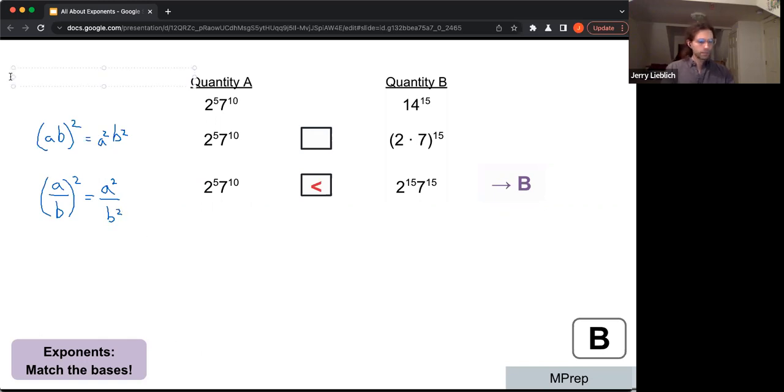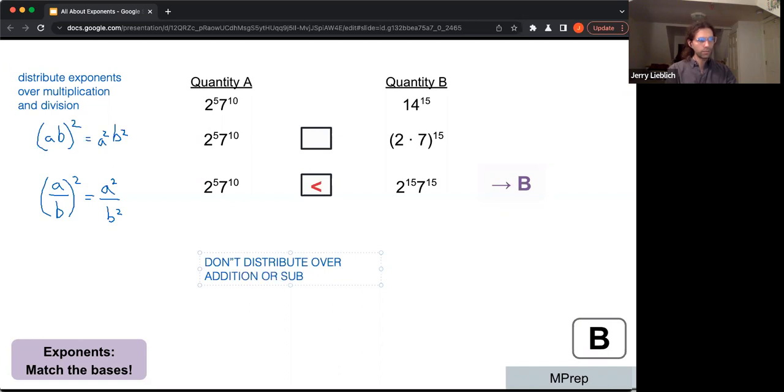So distribute exponents over multiplication and division. But don't distribute over addition or subtraction. If I've got A plus B squared, it is not equal to A squared plus B squared.